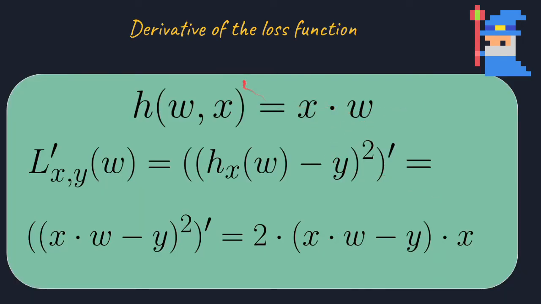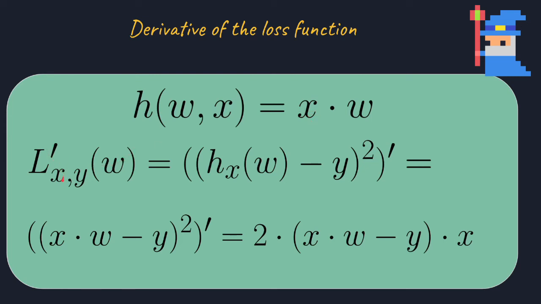So now we have the derivative of the loss function. This is important. If the following step doesn't make sense to you, watch the video on the next slide, or rather the video series. So obviously you have to define the hypothesis function h(x) as w times x, equal to x times w.